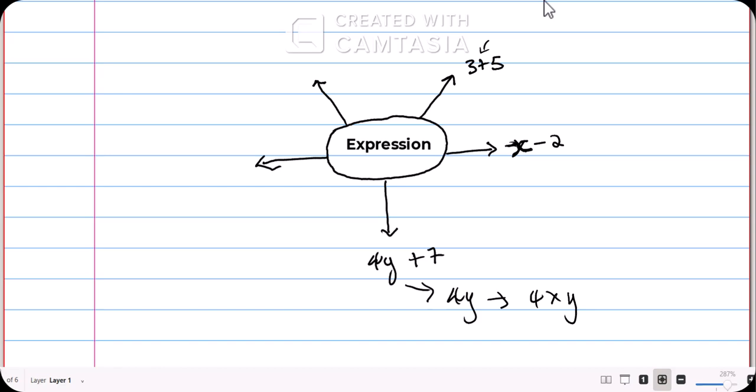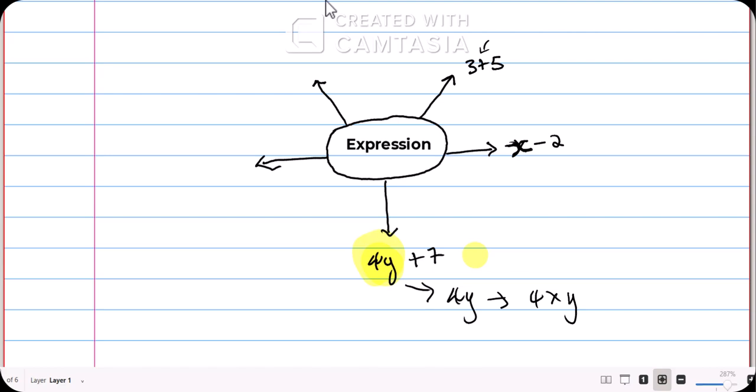So in this expression, how many operators do we have?